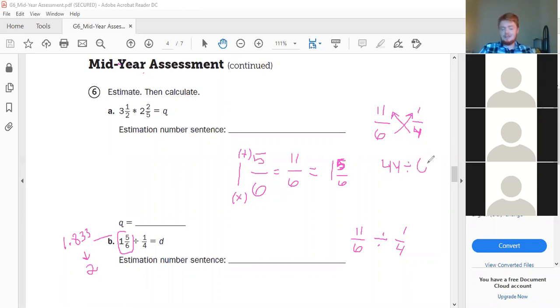Boom. 6. Easy peasy. All right. So now all we have to do is 44 divided by 6. Remember, it says we can calculate, so don't stress out too much. You are allowed to use a calculator. Okay. So, be ready? 44 divided by 6 equals 7.33333333. That's what our calculator says. Okay, so that's the easy answer.